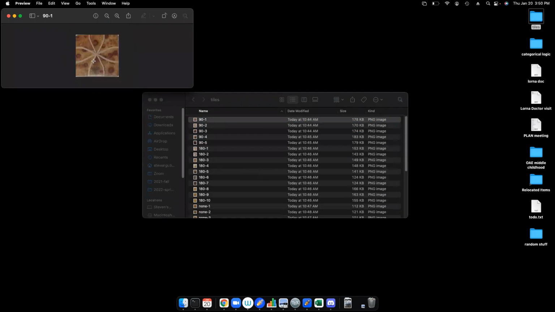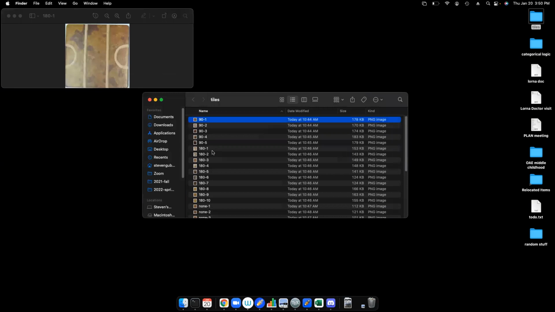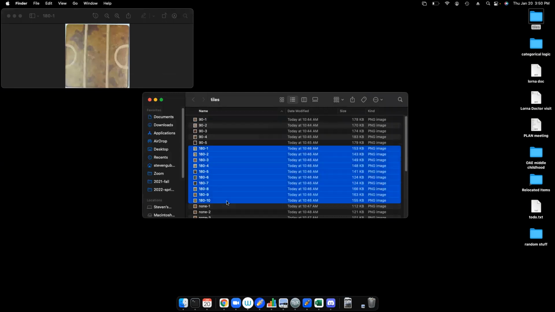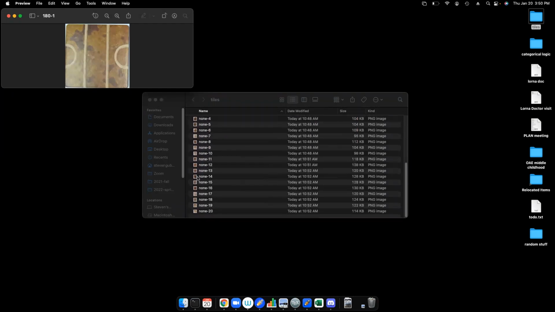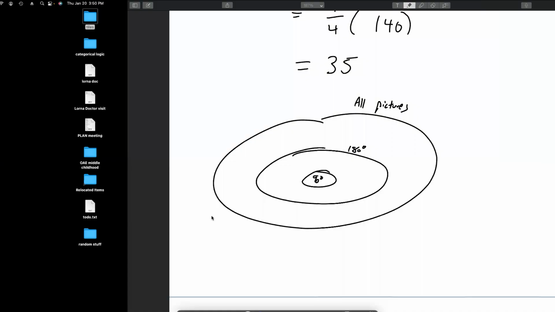So this is one of those 5 that we counted, right? That's actually the one with all antipodal points that we counted. There are 10 of them that have exclusively 180 degree symmetry and not the 90 degree symmetry. So like there's one of them, but there are 10. And then there are 20 of the rest.